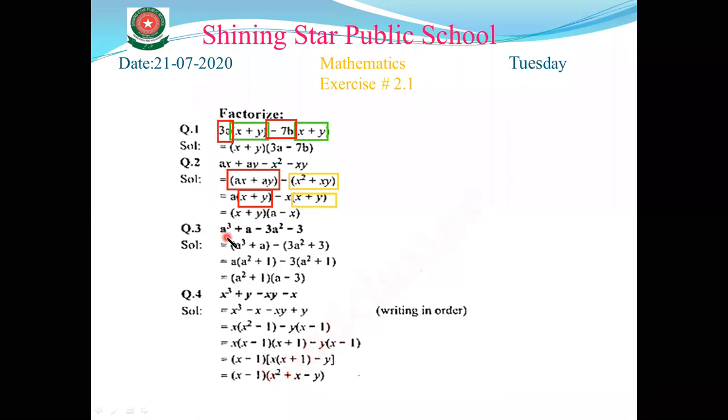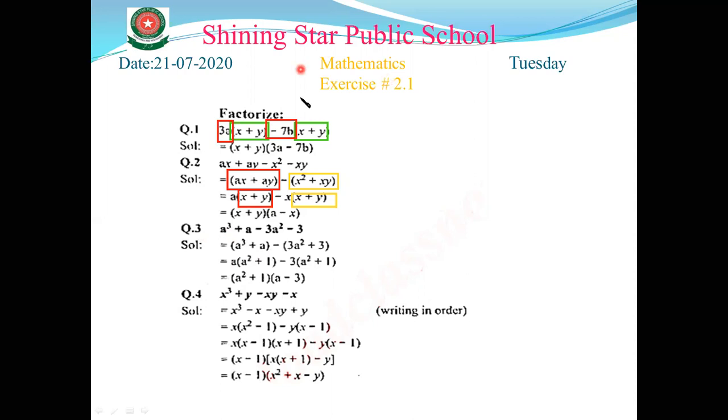Question number 3, a cube plus a minus 3a square minus 3. Now from the first two terms, a cube plus a, we take the common a.